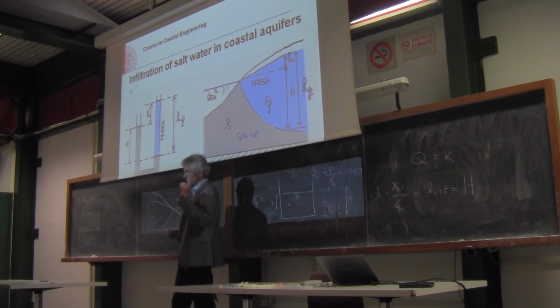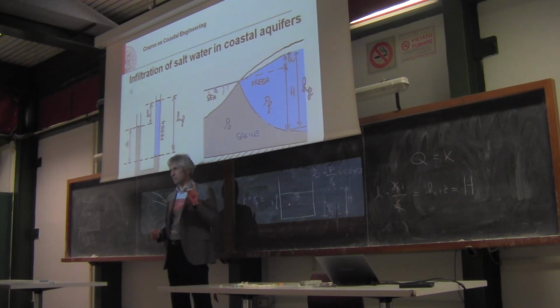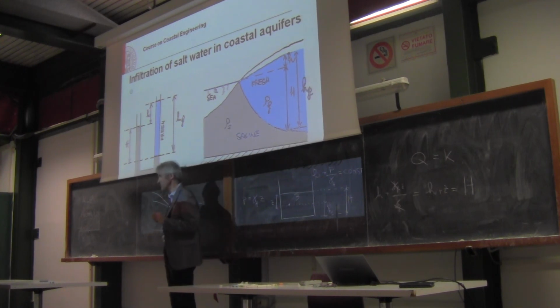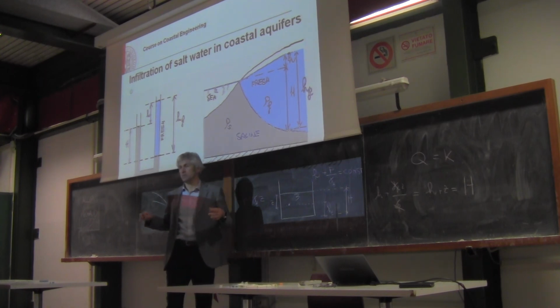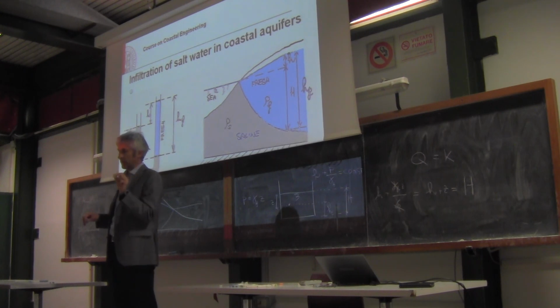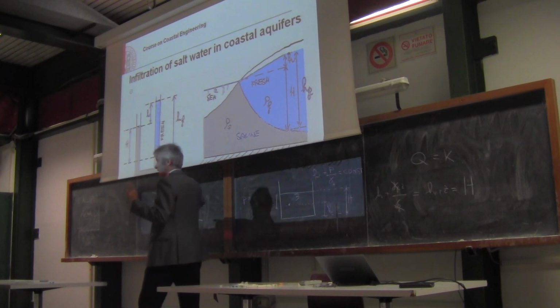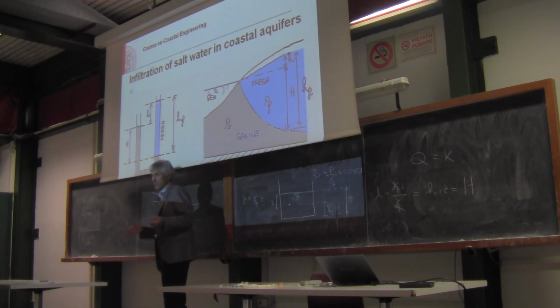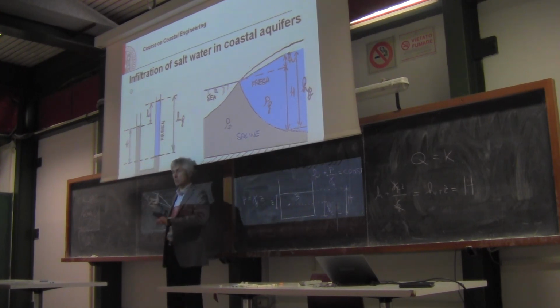And let's now introduce another important assumption. Let's assume that we have no mixing here. The surface of separation is a surface with no thickness, and therefore here it's a line. Again, you understand that this is not completely true. We have some mixing, but let's suppose that we don't have mixing.